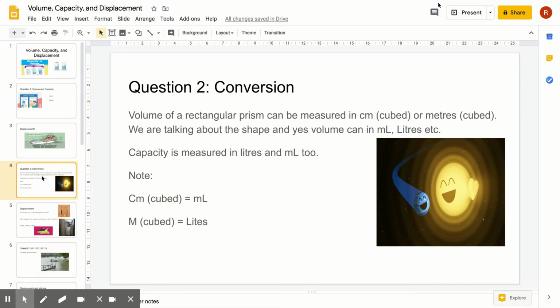Question 2, conversion. Before we move on to displacement, volume, and capacity, and those questions we have to do, you have to convert. The easiest one to know is 1,000 milliliters equals 1 liter.